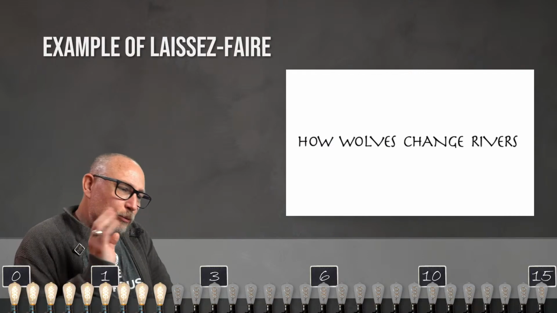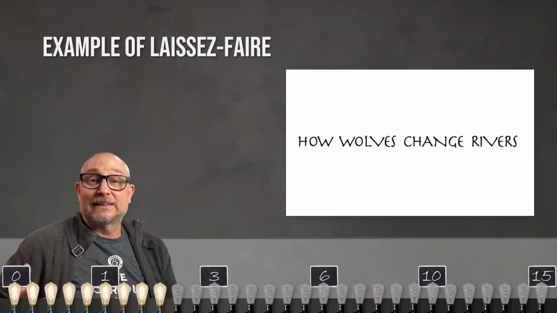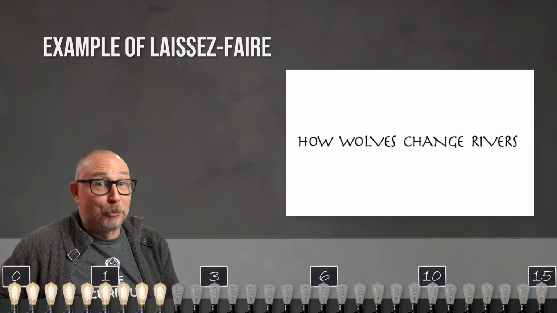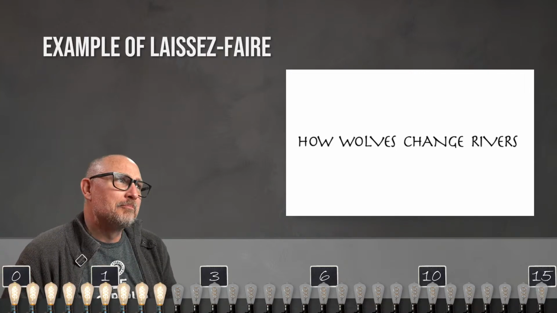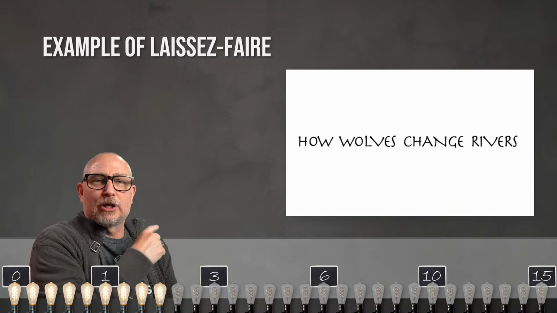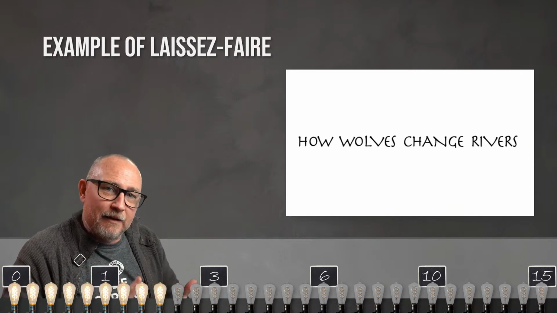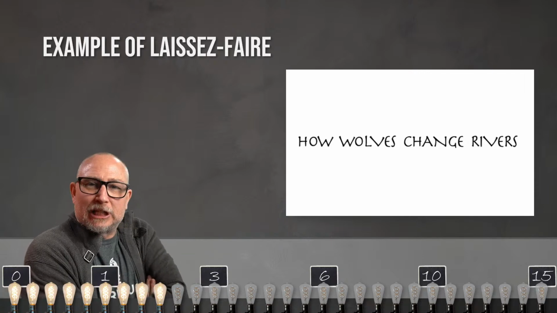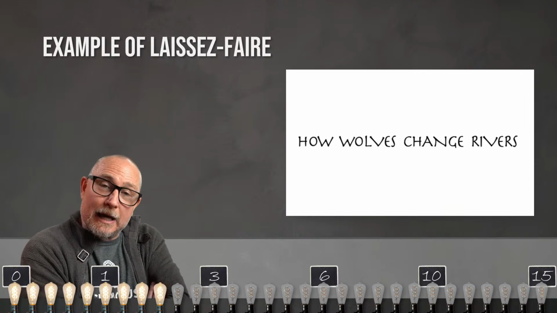Now, I want to give you an example of where laissez-faire actually works in the natural environment. I can't show this video because I'll be flagged and so forth, but there's a really fascinating video online, how wolves changed rivers, that you ought to take a look at.